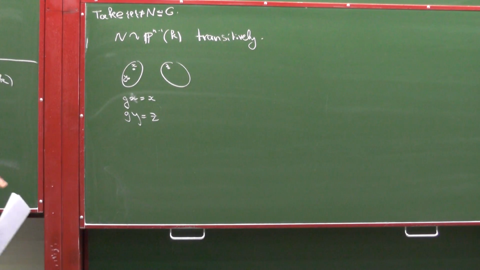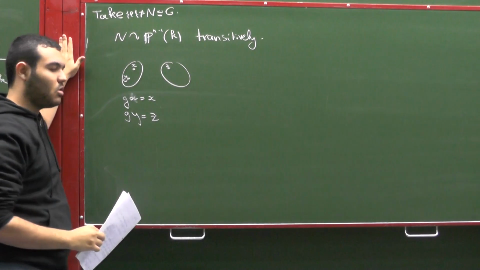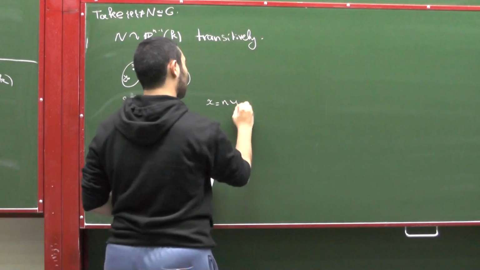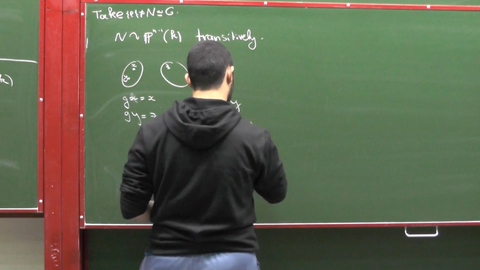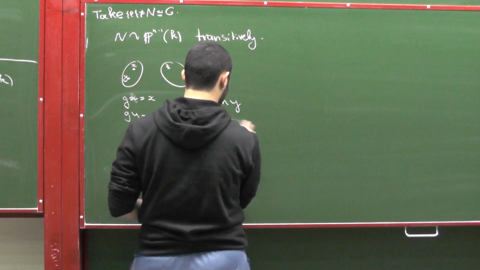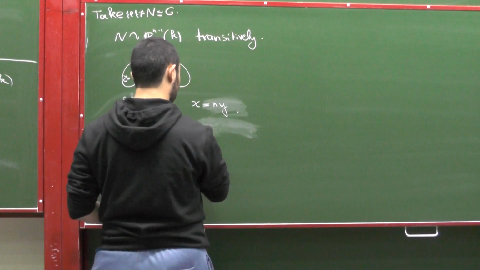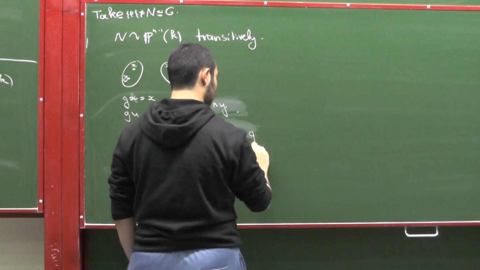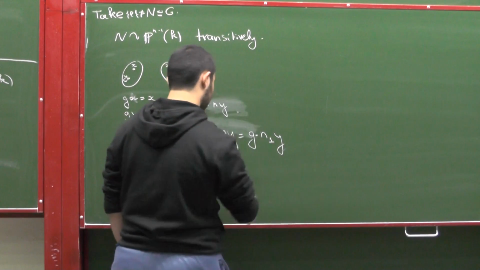But that cannot be, because if N is normal in G, then the action of G must preserve the orbit structure of N. Meaning that if x is ny, gx is gy. If x and y are in the same orbit, gx is n g y, because N is normal, I can represent it as g times some n1 from N times y.